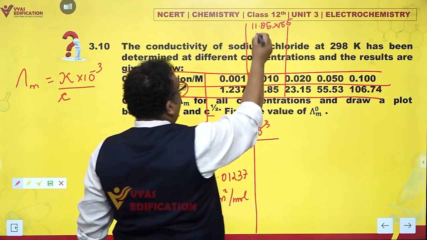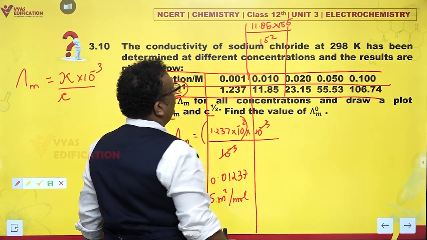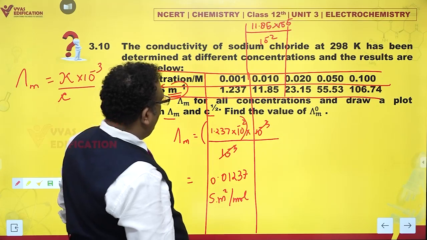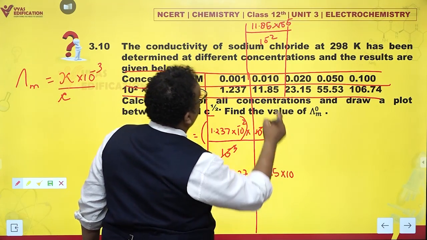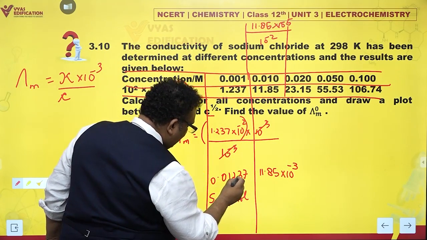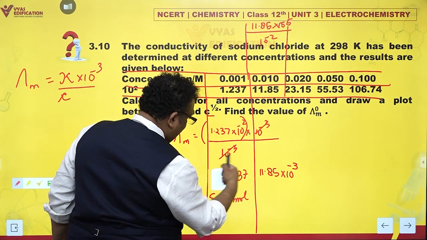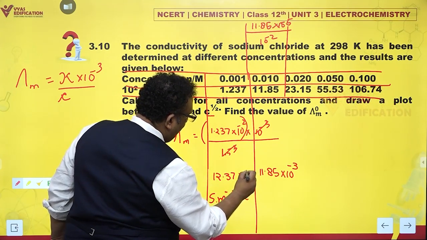Divided by concentration, which is 10 raised to minus 2. How much would that be? That is 11.85 into 10 raised to minus 3. And how much is that? 1, 2, 3. This is 12.37 into 10 raised to minus 3.